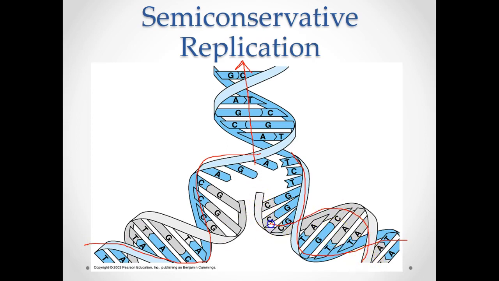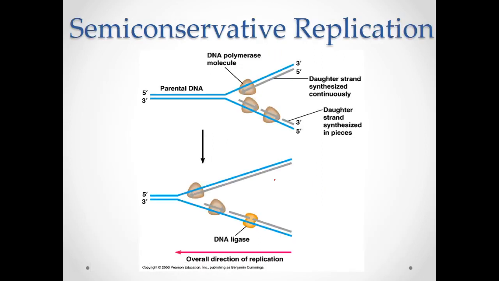This is a new strand, and it's being built this way, and then this strand is being built this way. Okay, and that'll make more sense here in a minute. But this is the replication fork, and the replication fork is the point where the replication bubble has just opened up, or where the base pairs have just broken their hydrogen bonds. That's the point that we call the replication fork.